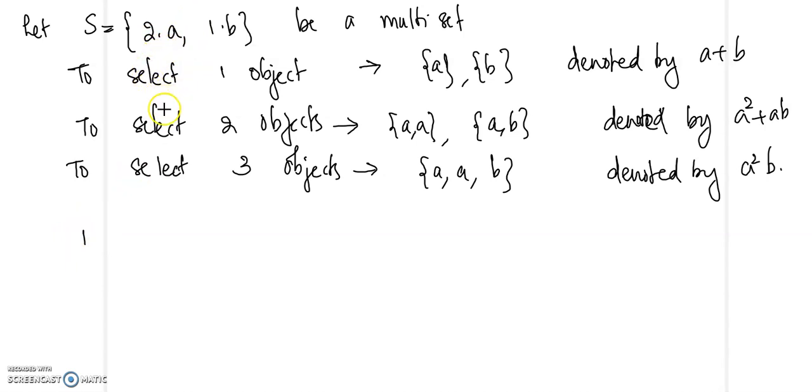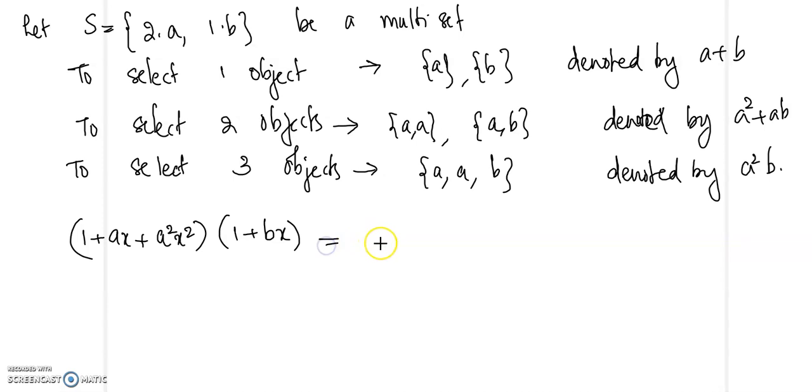Therefore, if you look at the expansion, for A, A can be selected 0 times, 1 time or 2 times. So our expression will be 1 plus AX plus A square X square. Then B can be selected 0 times or 1 time, so that becomes 1 plus BX.